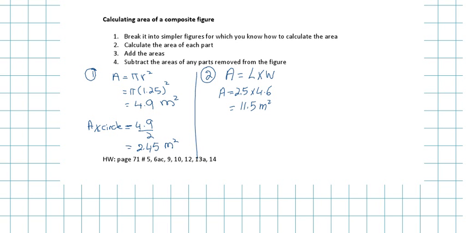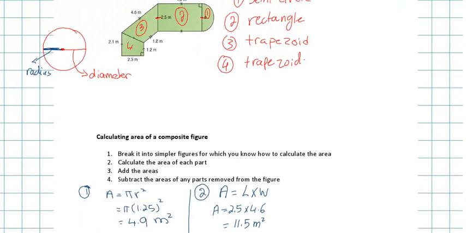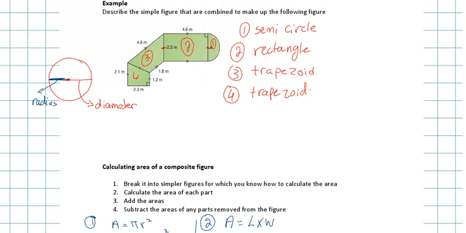So in the trapezoid, if you look at the formula for the trapezoid that you have in your formula sheet, you have the 2 parallel sides, and you have the height.